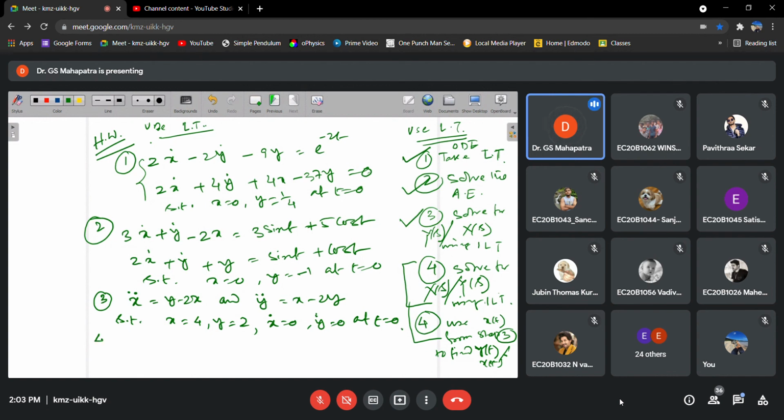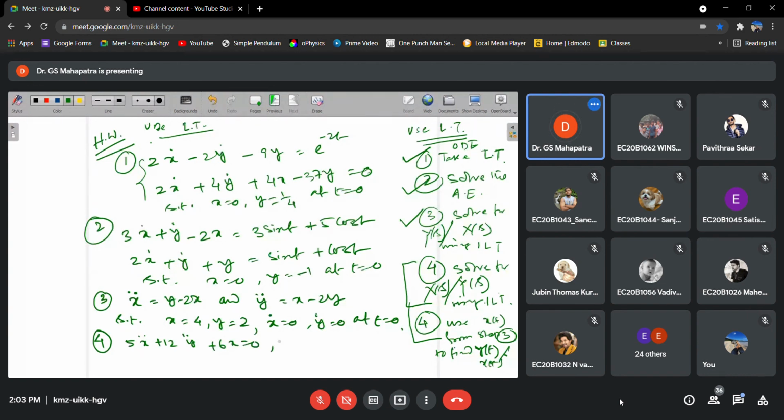Last question, the fourth one: 5x double dot plus 12y double dot plus 6x equals 0.